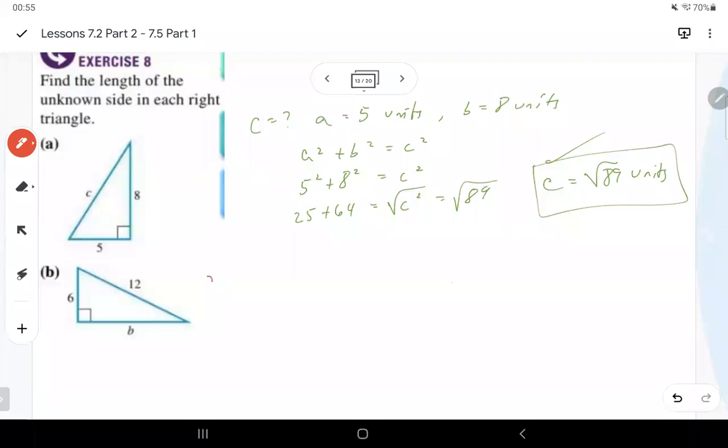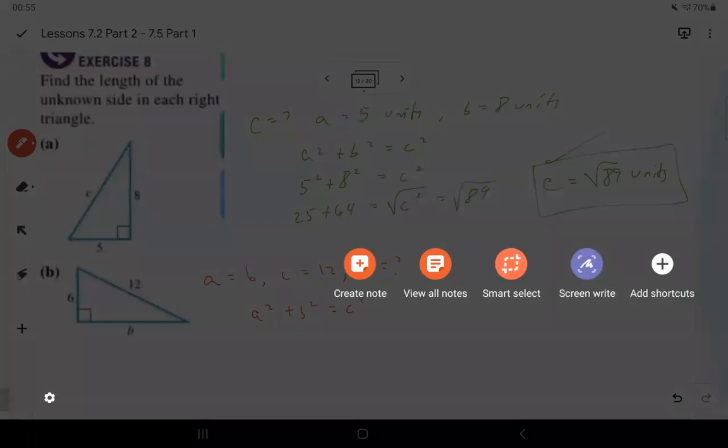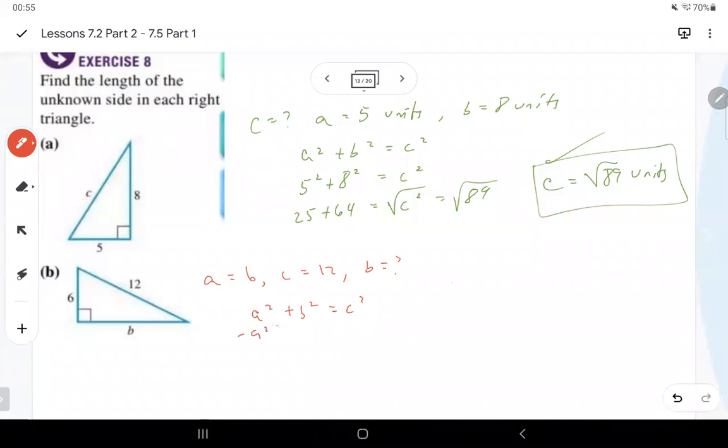Okay, for here, we are given an A of 6, a C of 12, and we need to find B. So we can rearrange this equation to be set up to be solving for B. So we would just subtract a squared on both sides. So we would get b squared equals c squared minus a squared. And actually, we could take the square root of both sides.